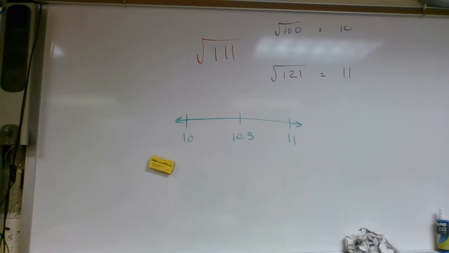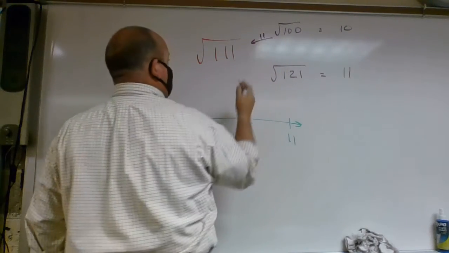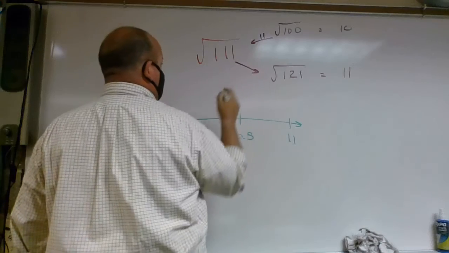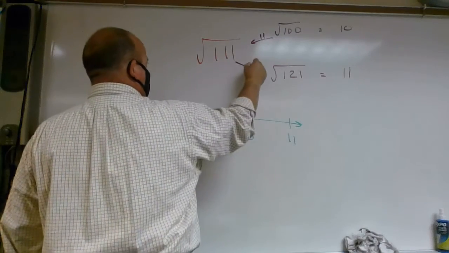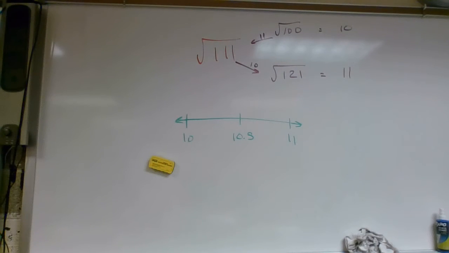Well, let's see. I think this one's not that horrible. How far away is 100 from 111? It's 11 away, right? How far away from 121 is 111? Holy crap, those two numbers are really, really close. Now, for my estimate for this, if I put 10.5, am I wrong?